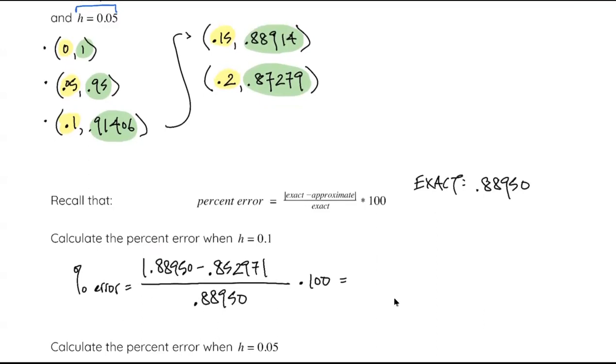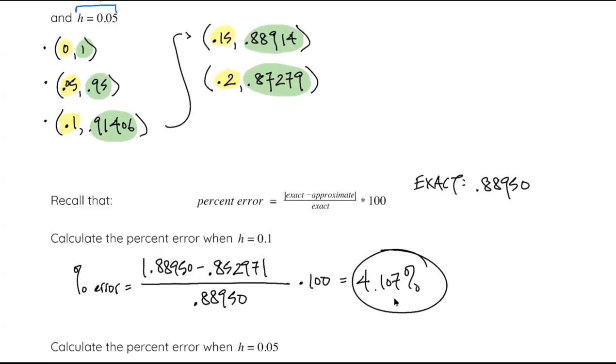And we should end up with 4.107%. So it's a less than 5% error. And it only took us 2 steps. Okay, so is that good enough? I don't know. It would depend on your particular situation.